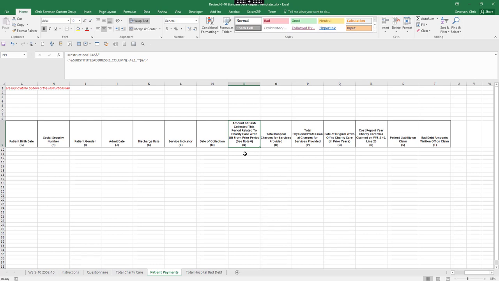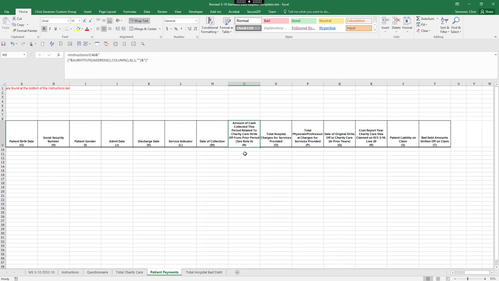Both of them should be removed from Worksheet S-10. It was a same period recovery, so to speak, and it should be netted out of the cost report entirely. However, if the charity care write-off was from a prior period, then that write-off would have already been reported, so now we need to report the payment.